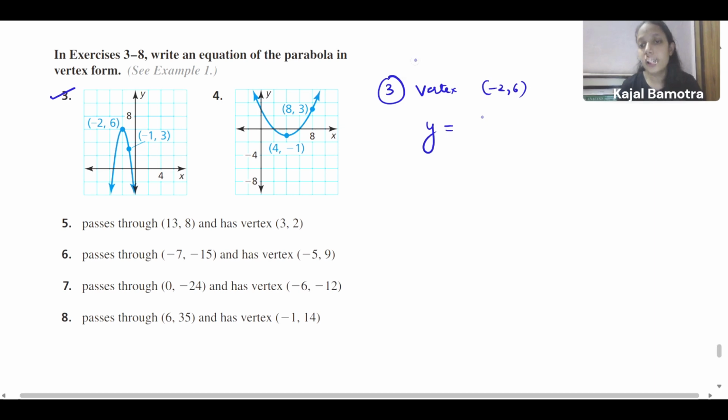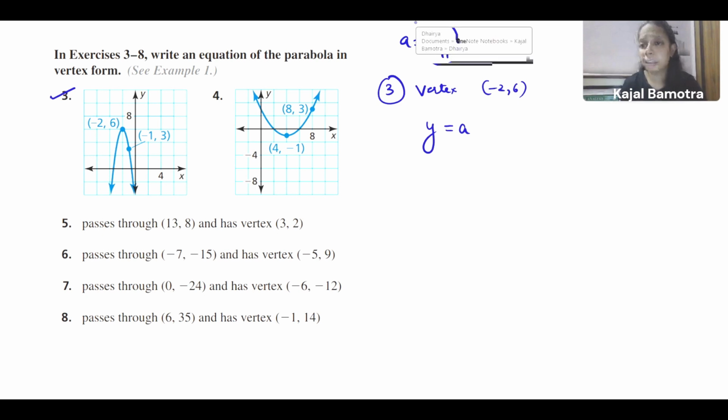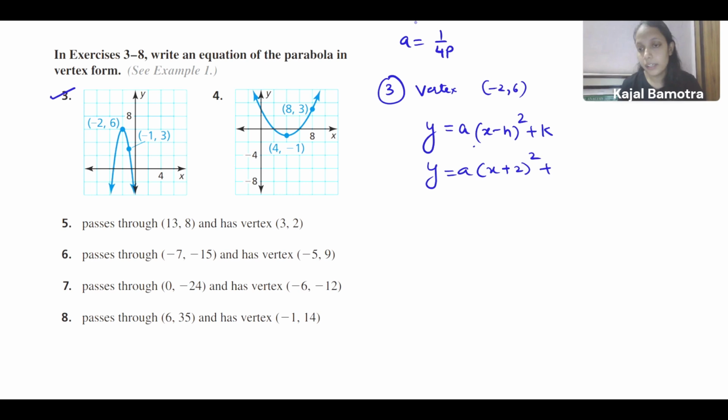Or you can directly write, because they didn't ask for the focus, we just have to write the equation: y equals a. What is a? A is 1 over 4p. We don't need to check what is p, we just replace this term with a. y equals a(x minus h) squared plus k. Substitute x minus minus 2, that's plus 2, k is 6.